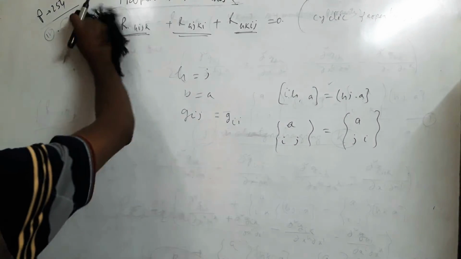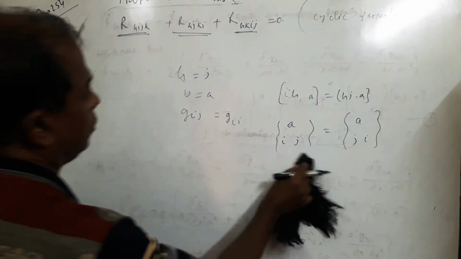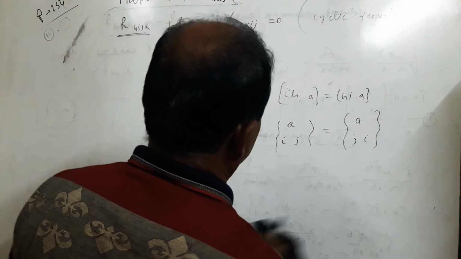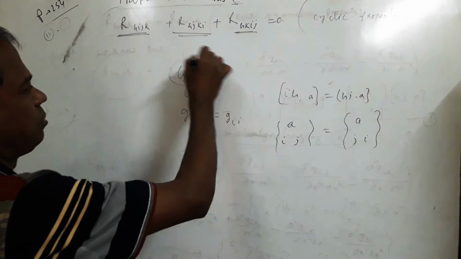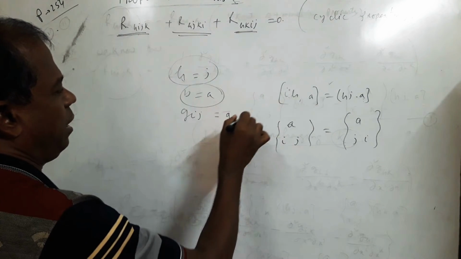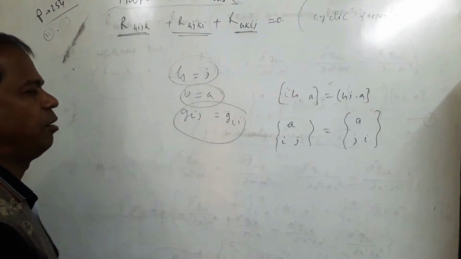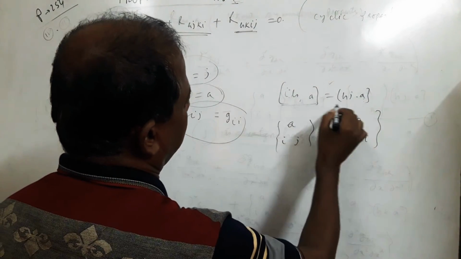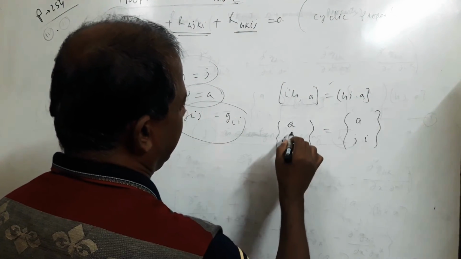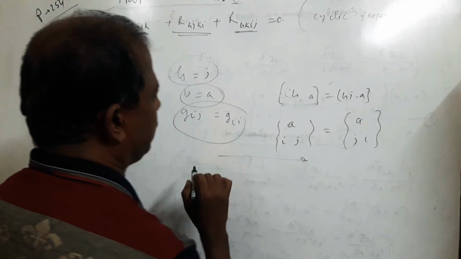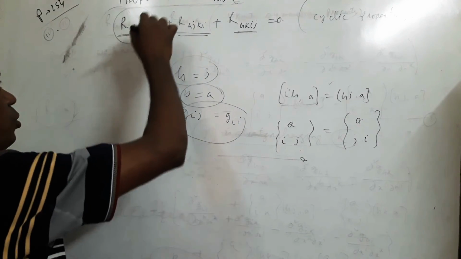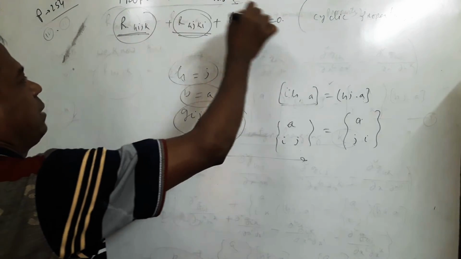Then obviously prove that in your question. Firstly, H equal to J and B equal to A and G_IJ equal to G_JI, and A_IJ equal to A_JI. This is the format. You have to apply this first rule, second rule and third rule.